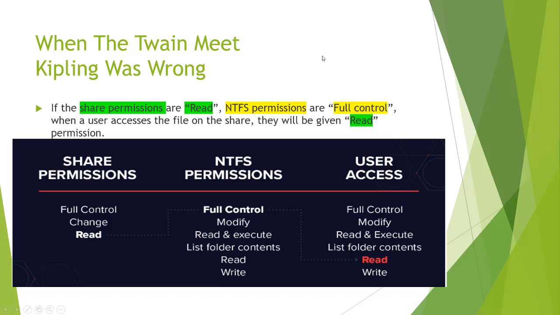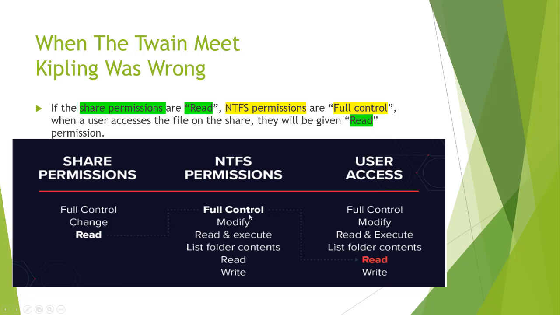Another important thing that you need to realize is that the most restrictive permission is what will win. It doesn't matter if it's a share or an NTFS permission. So for example here, if the share permission is read and the NTFS permission is full control, the net result is they're only going to be able to read any of those folders.